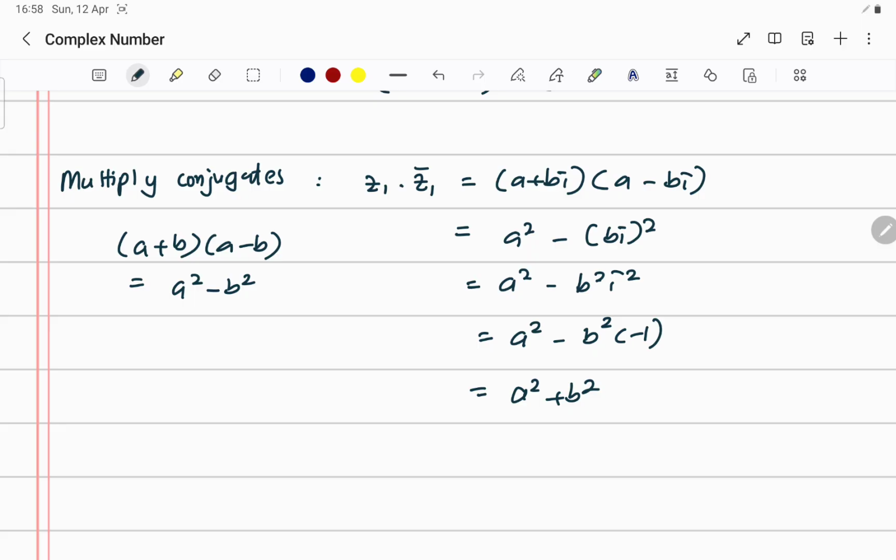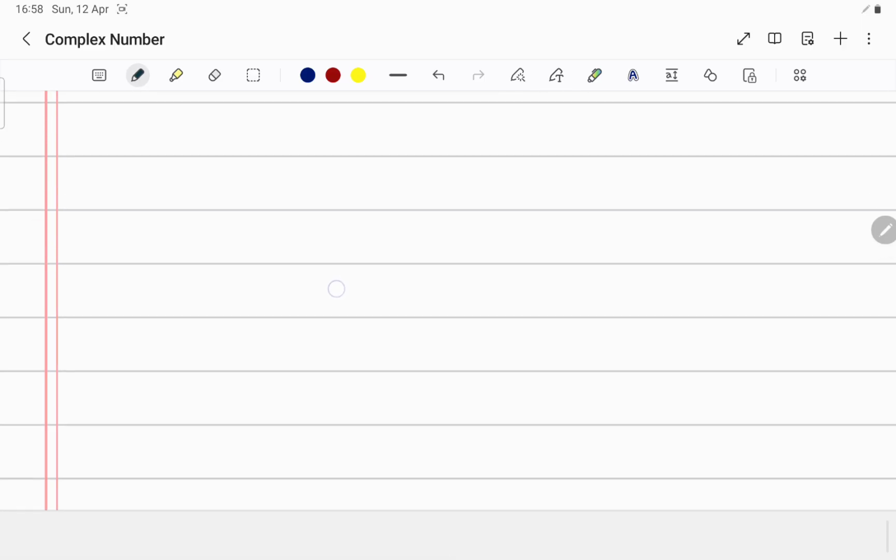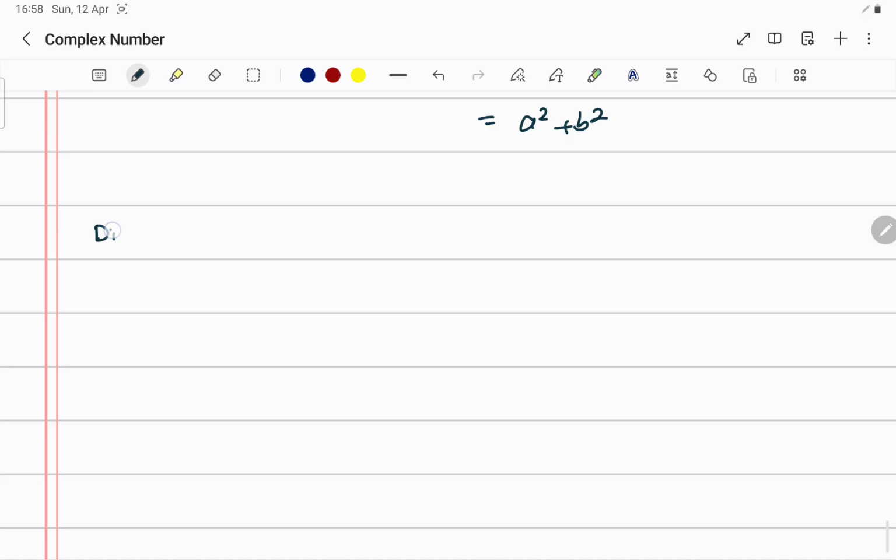Now we proceed to the next one where we have division. For division of Z1 divided by Z2, what you have to do is copy Z1 divided by Z2 first, but then when you want to solve this, you have to multiply with the conjugate of Z2.